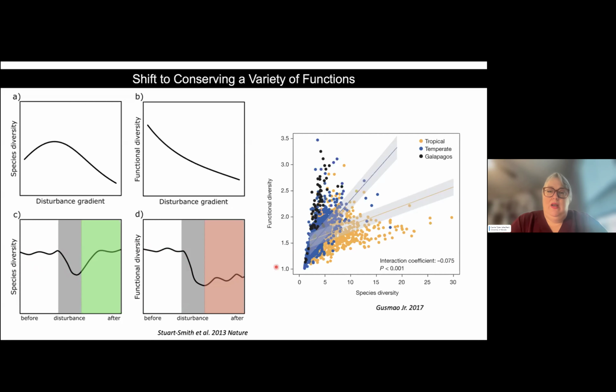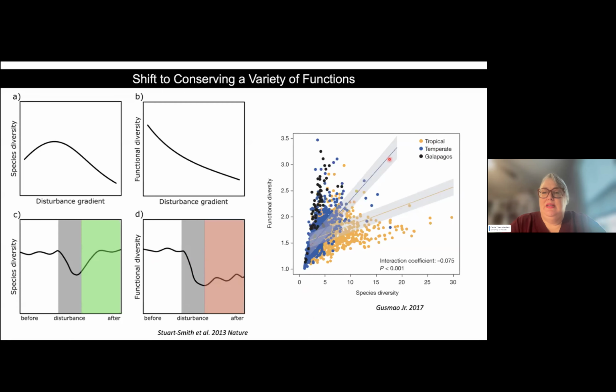One issue with functional diversity is that there's not a one-to-one relationship between the number of functions and the number of species, which is what you see clearly here in the bottom left. And this relationship varies, we think, by environment, perhaps latitudinally. It's not quite well understood yet. But you can see here we have these different points of different colors for tropical and temperate environments in the Galapagos here.